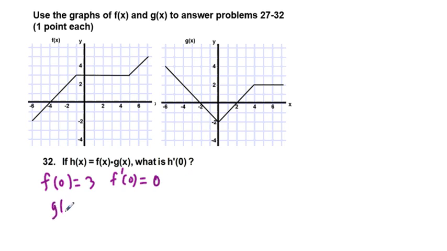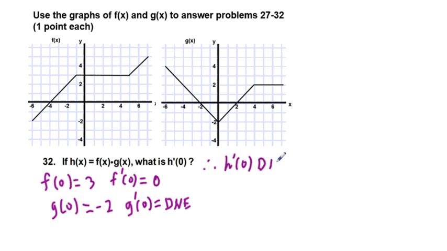Now g of 0 is equal to negative 2, and g prime of 0, what is our slope here? Well, we have a corner, so our slope does not exist. Therefore, h prime of 0 does not exist.